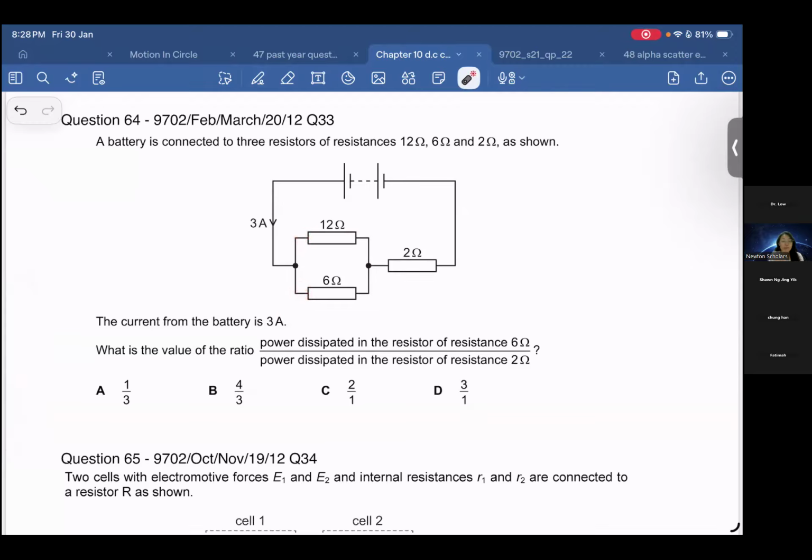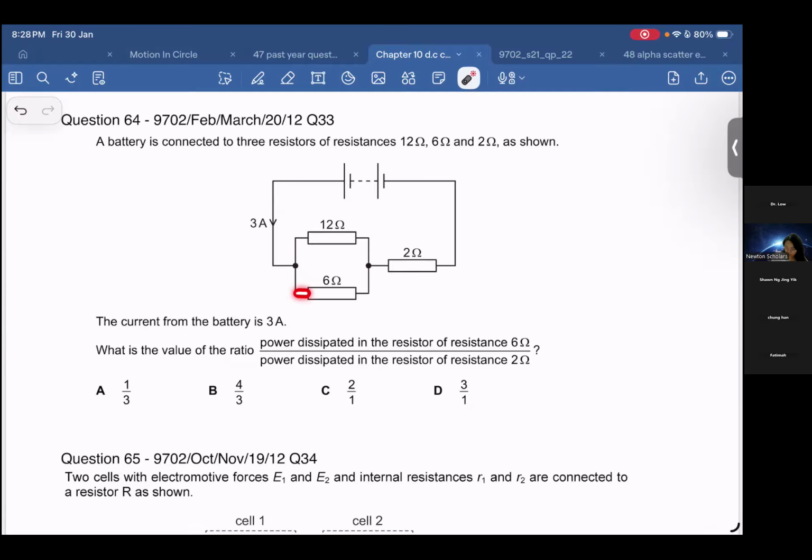How will the 3 ampere be shared out, split out? That is the sense in physics. So will the 6 ohm get more or less? If more or less, how much will it get? No, try again.